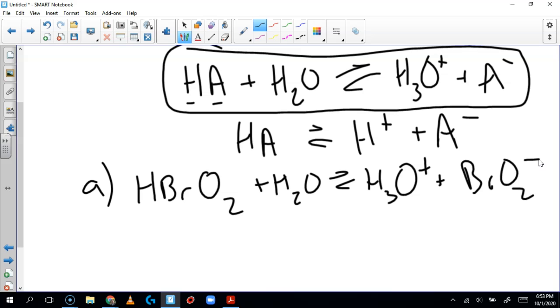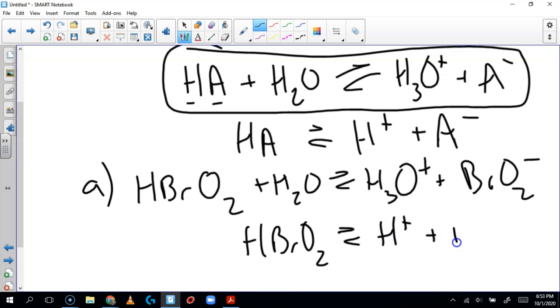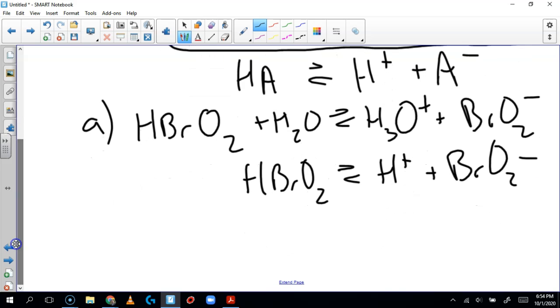If you're going to write it with just hydrogen ion, it'll be HBrO2 in equilibrium with H plus and BrO2 minus.